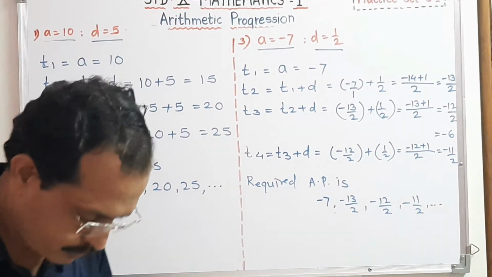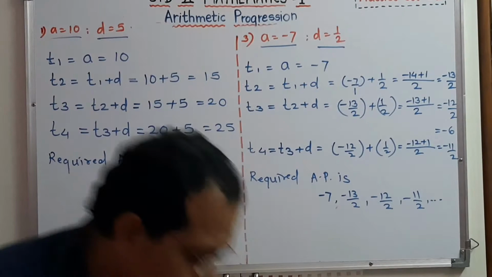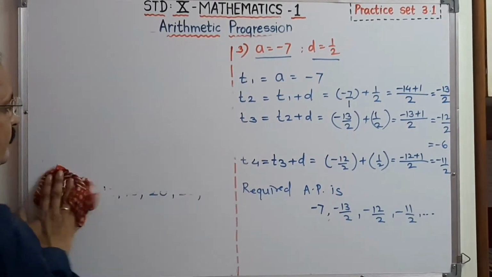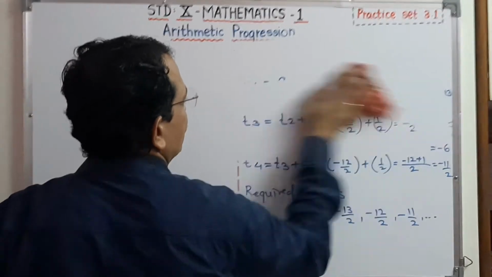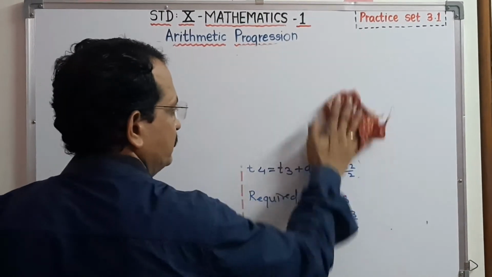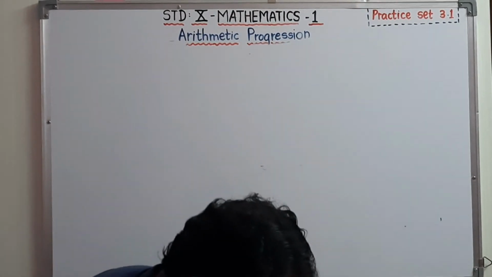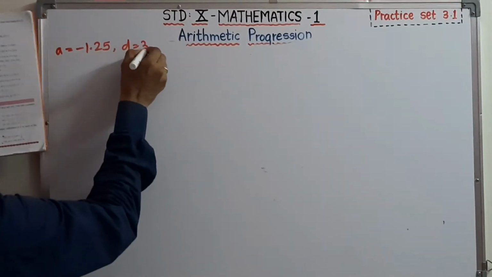Next we have to solve the fourth one. See the fourth one. A is equal to minus 1.25 and D is equal to 3.